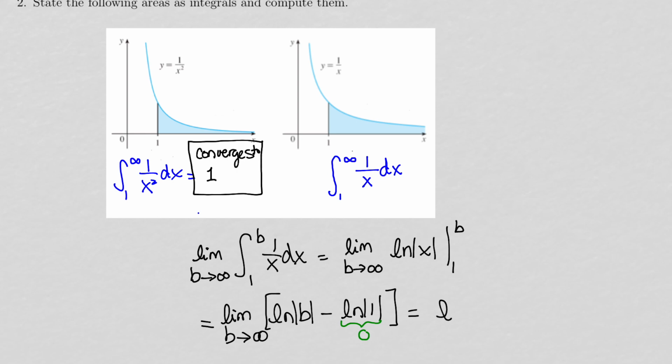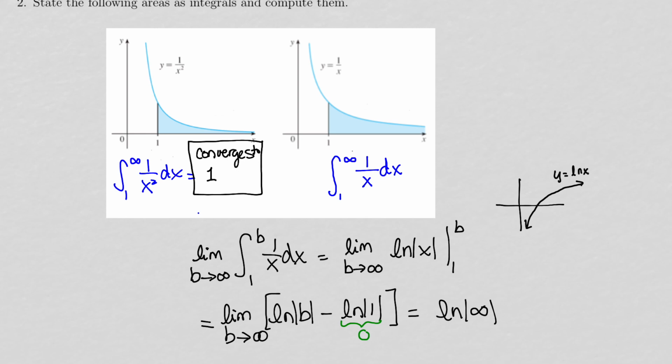But what's the natural log of infinity? What is that? Do you remember what the natural log function looks like? It's going to slowly keep on increasing. Yes, it is.